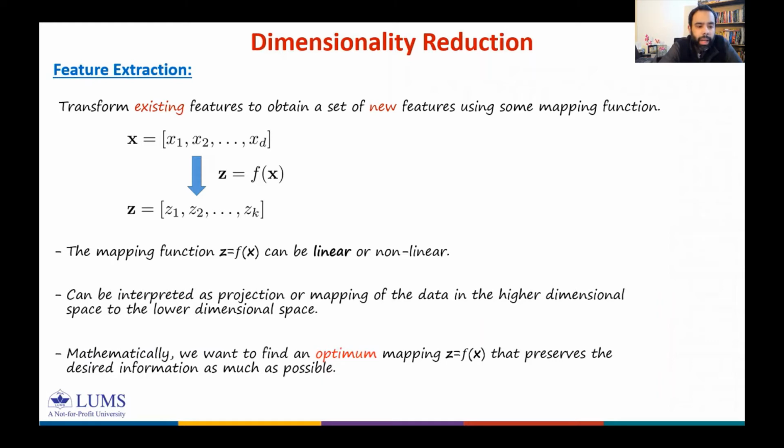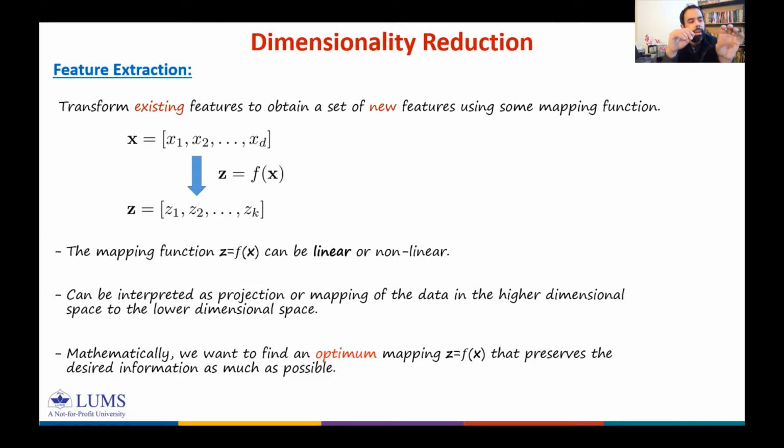Okay, mathematically, we want to find this mapping f of x, and this mapping is optimum in the sense that it preserves the desired information content. It minimizes the approximation loss. It minimizes the reduction in the accuracy as much as possible.